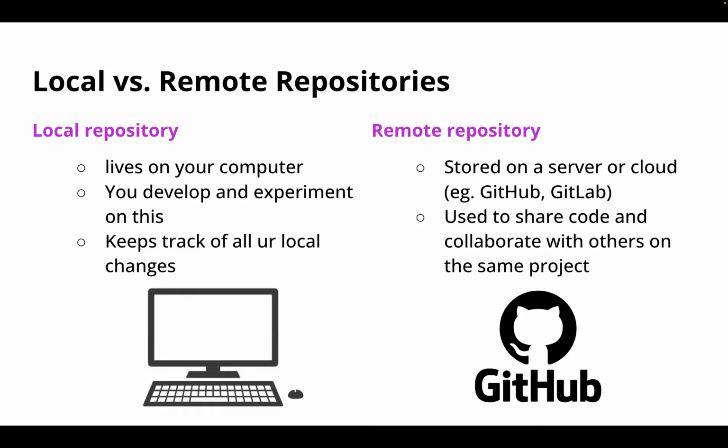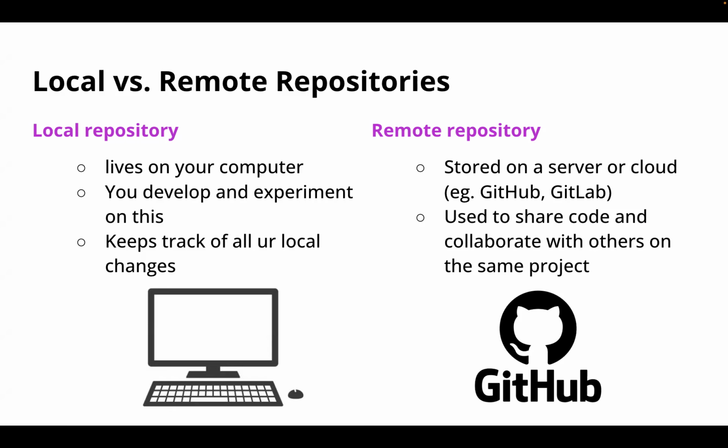It's just a version of a project that lives just on your computer, and it keeps track of all your own local changes. And then a remote repository, this is a repository that is stored on a server or a cloud. So websites like GitHub, I'm sure you guys may have heard of. If not, it's something that you'll probably use. GitLab, these are places where there are repositories, but they're not stored on your actual computer.